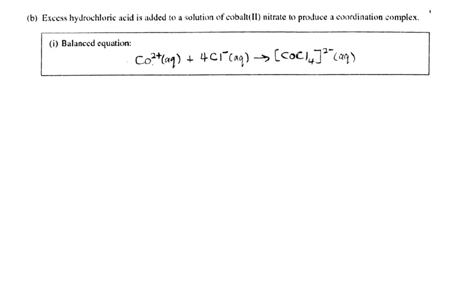Now in the second equation, cobalt nitrate should be cobalt 2+. They've got the 4 chlorides from the hydrochloric acid, and it turns into the CoCl4 with a 2- charge. That's perfectly good. So this person has all the points. Now on this one, they're getting 2 points for the reactants and 1 point for the products.